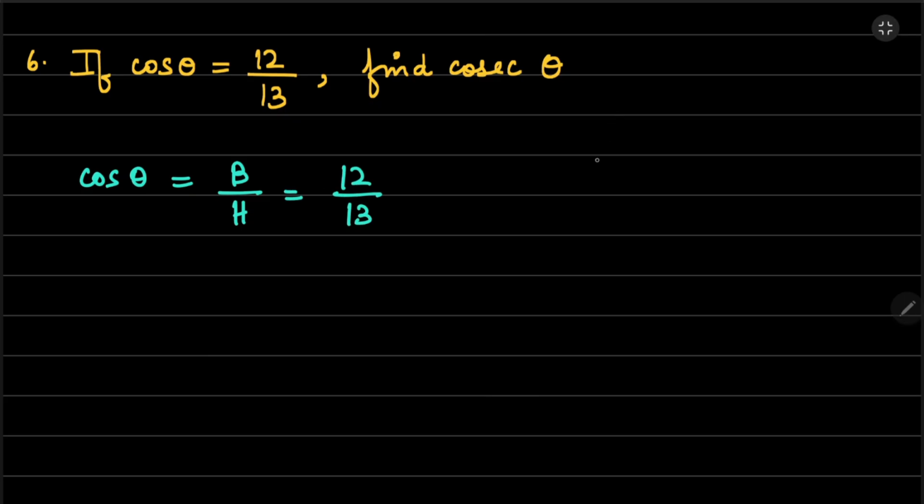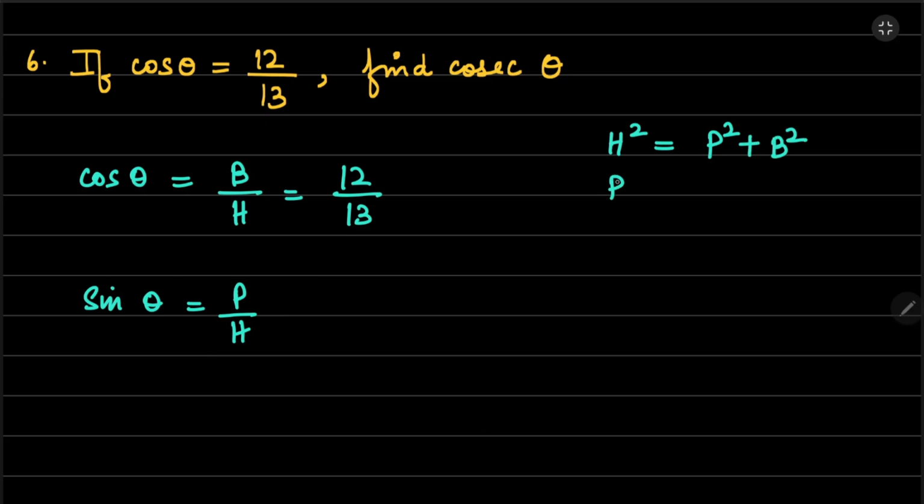Find cosecant of theta. See, cosecant is nothing but 1 over sine. If you know sine, you will get cosecant. And what is sine theta? Sine theta is nothing but P by H. We don't know what P is. So let's use our Pythagoras theorem. H square equal to P square plus B square.